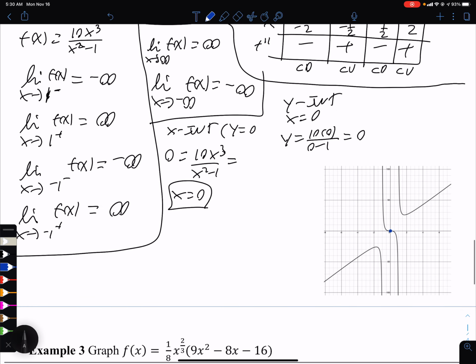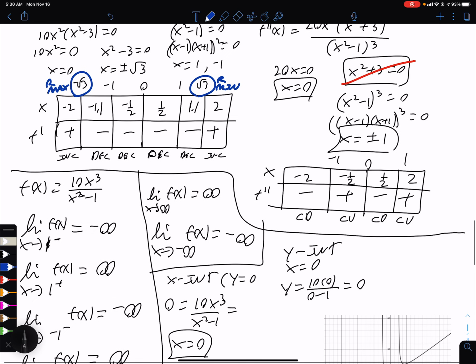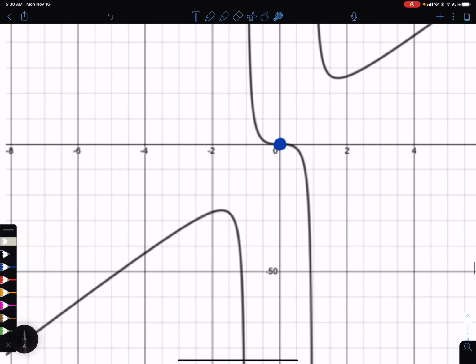Okay, we have relative max and relative mins. So we have a relative max at negative radical 3. Now if you plug that into your calculator, your y value comes out to be about 25.9. You're about 26. So negative radical 3 comma 26 would be a relative max.